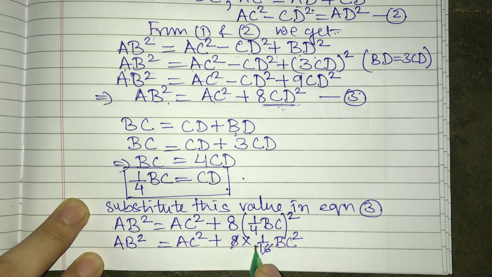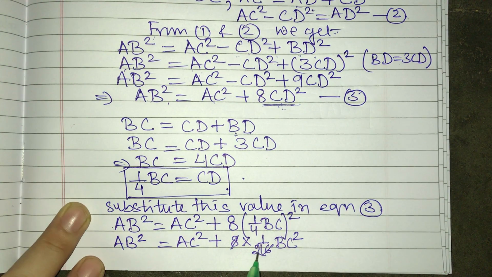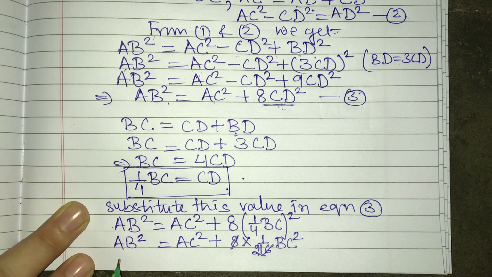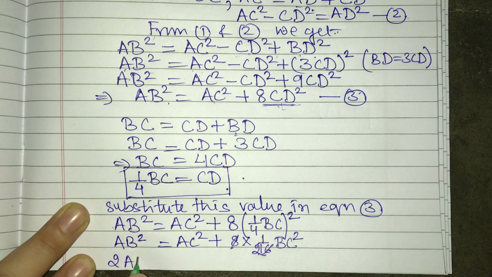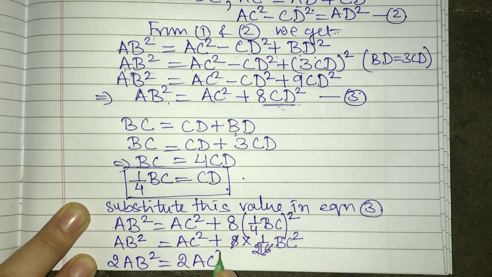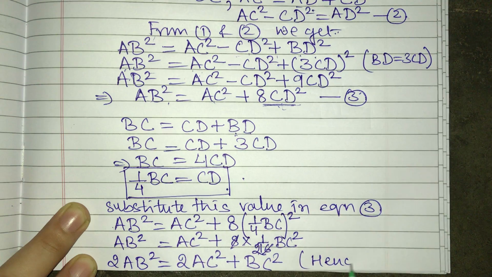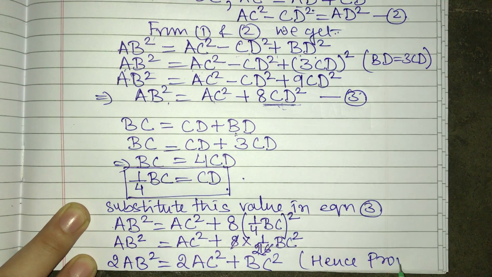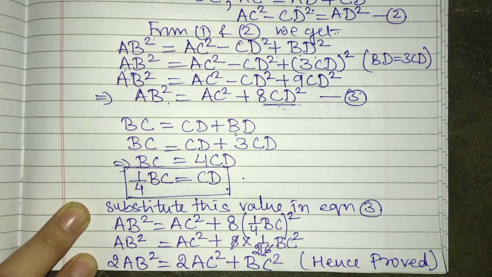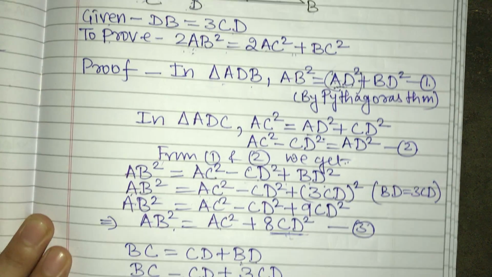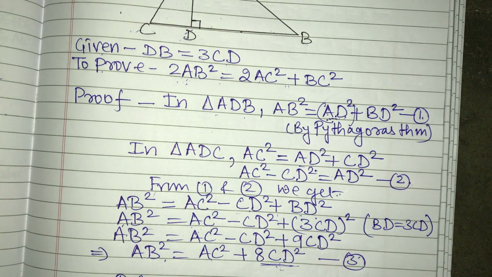So 8 1 8 2 16, so this will cancel out, and now I'm going to take the LCM. So we get 2AB square equals 2AC square plus BC square. Hence proved. This is the statement which we wanted to prove, that 2AB square equals 2AC square plus BC square.